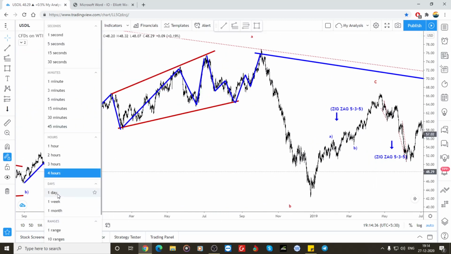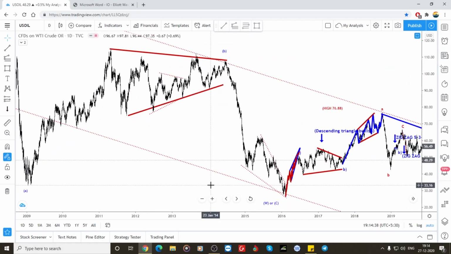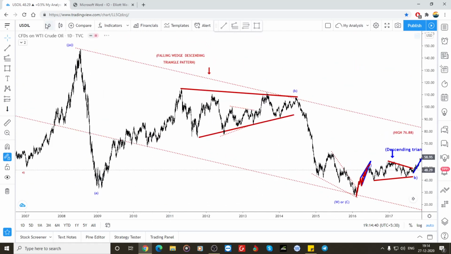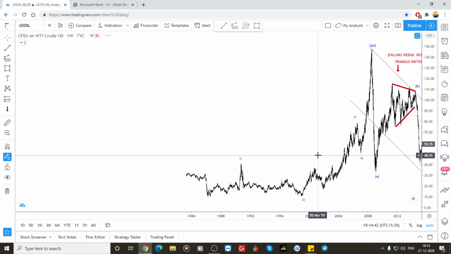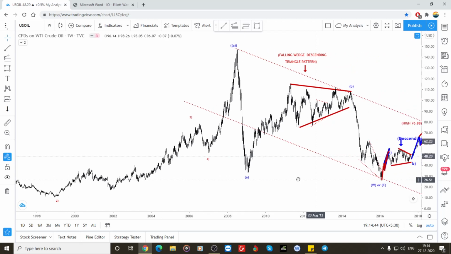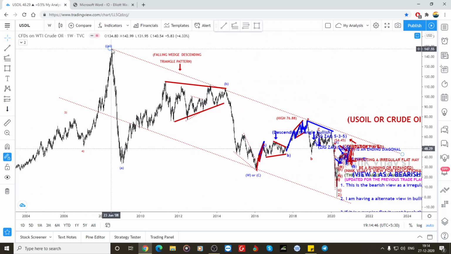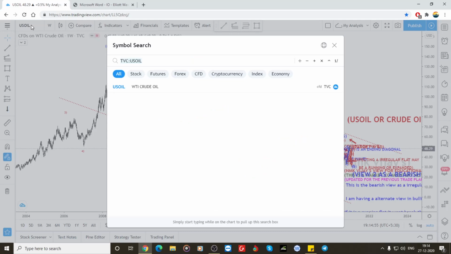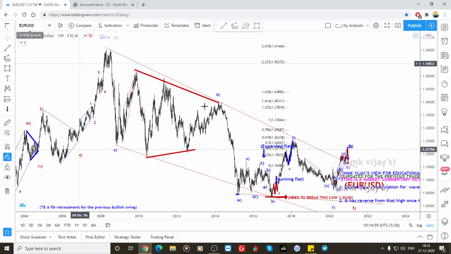And one thing I will show you. Yeah, this is the weekly chart. Look at this channel. It is working perfectly here, right? And let's see some EUR/USD in the forex.